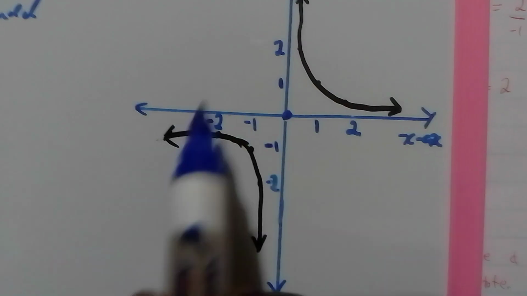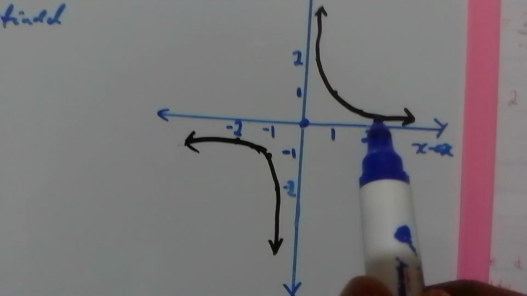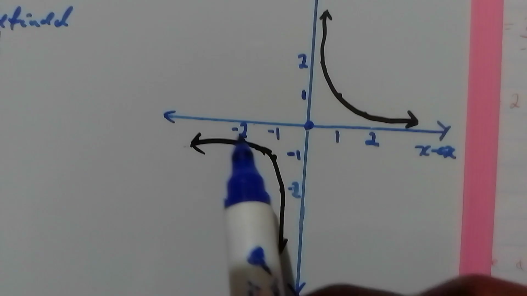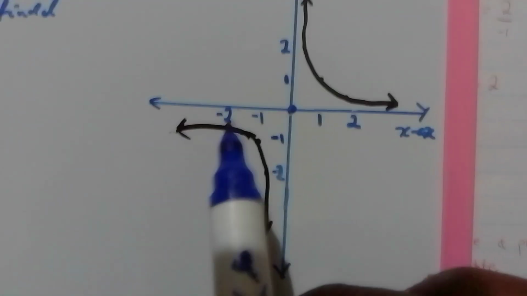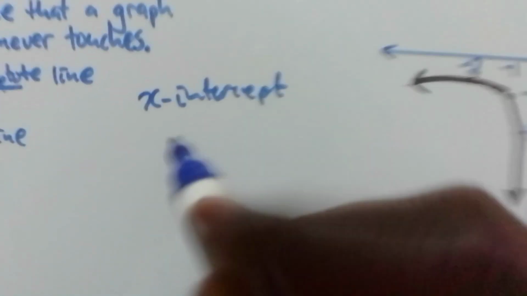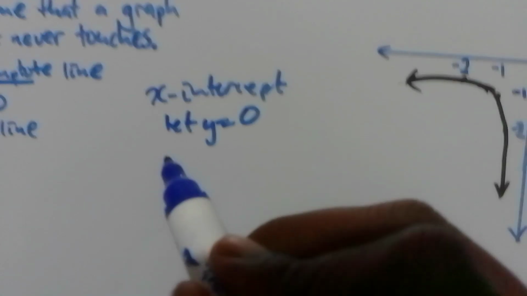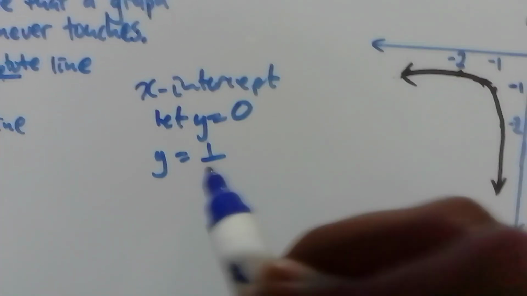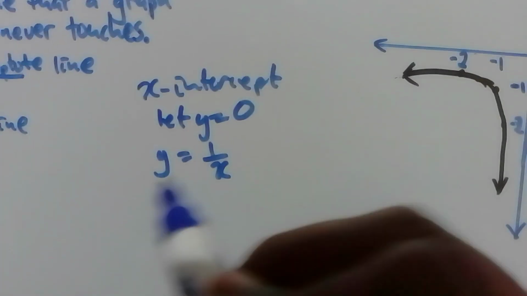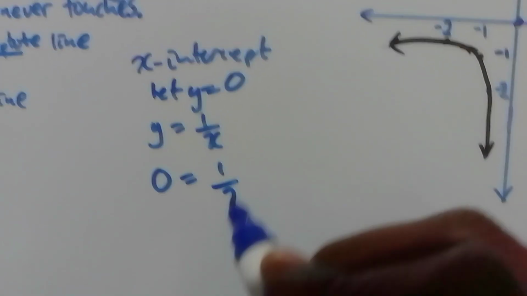Why? Because observe, the graph also is not touching the x-axis. But let's just verify. If I'm looking for the x-intercept, the first thing I do is let y equal 0. My equation says y equals 1 over x, so 0 equals 1 over x.